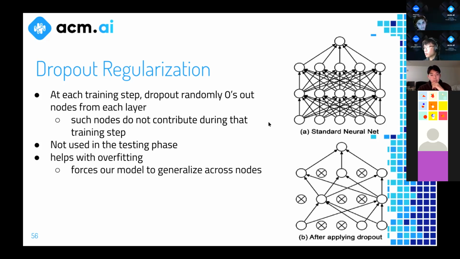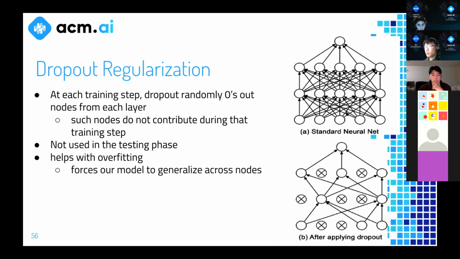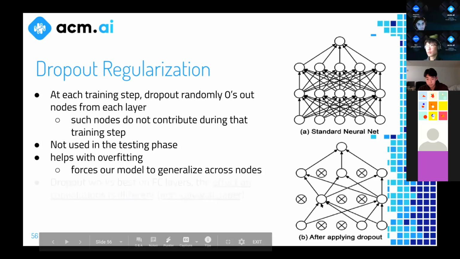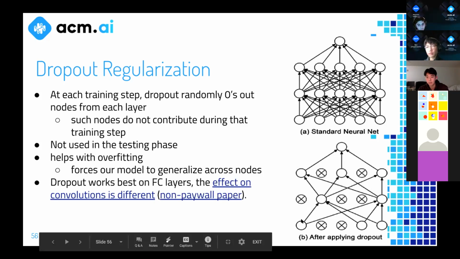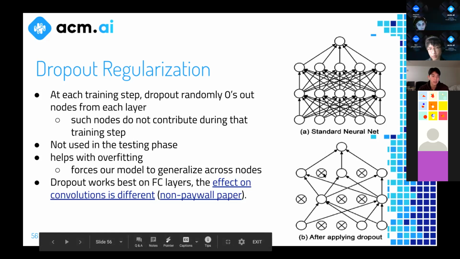So it'll force our model to generalize across nodes. As we see, we zero out these particular nodes, so it's much sparser. The model has to use these different neurons, maybe not in the way that it really wants to, but we're forcing its hand. In this way, we make sure the model is sure of its predictions.